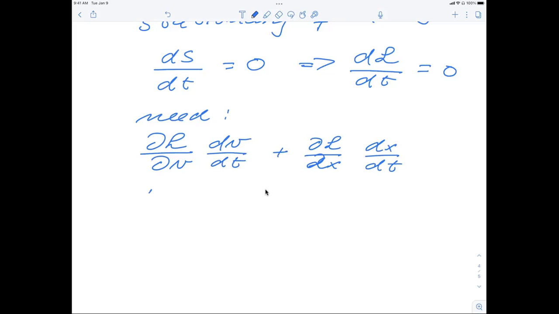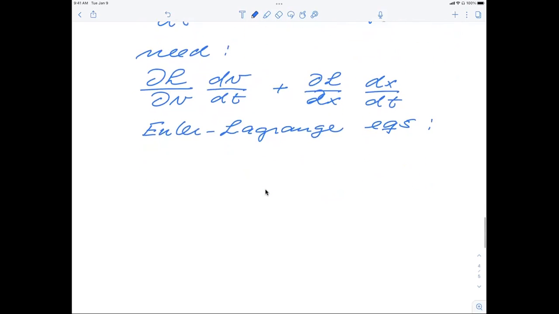We also have the Euler-Lagrange equation, which says simply that ∂L/∂x minus d/dt of ∂L/∂v is equal to 0.